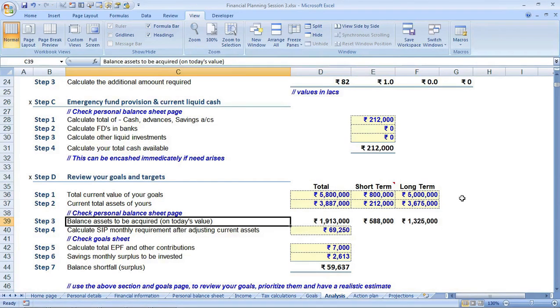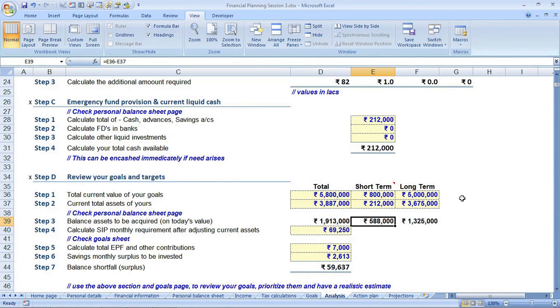So basically what we're trying to see is what is the value of your goals in the short term and how much money you currently have, and what is the value of your goals in the long term and how much assets you have for the long term. The larger the difference, the higher the contribution towards that goal.